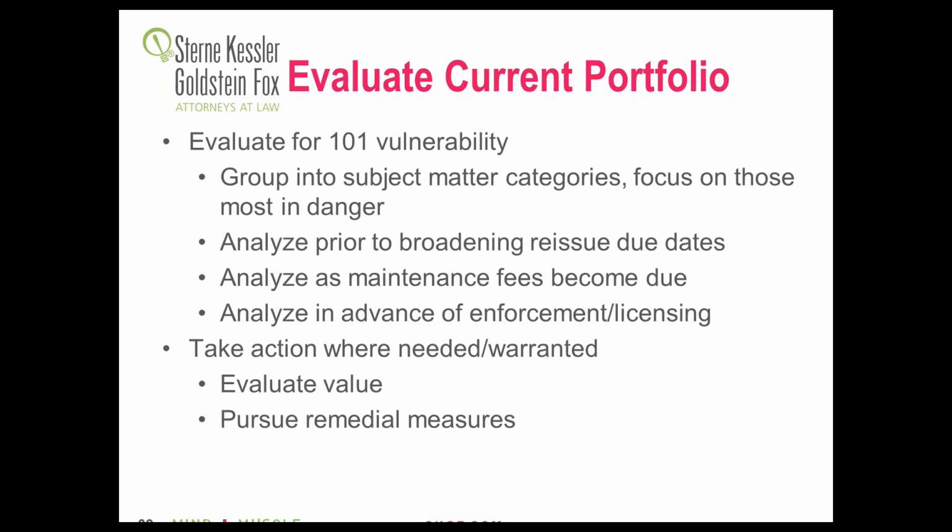So you need to evaluate how vulnerable your portfolio is to 101. There are certain things that can be done if you find that you got a case issued pre-Alice and thought everything was good, did everything you needed to do that the Patent Office required you to do, but now you realize post-Alice that the same analysis doesn't apply.